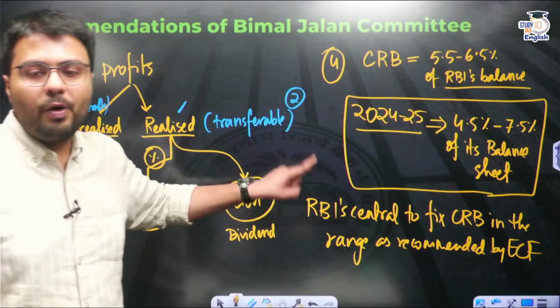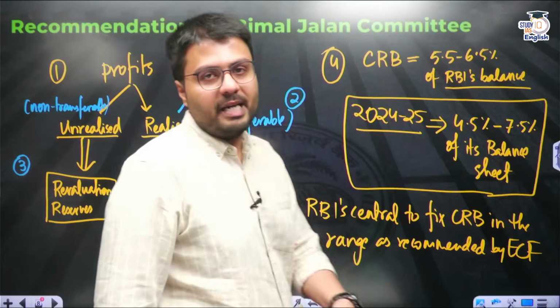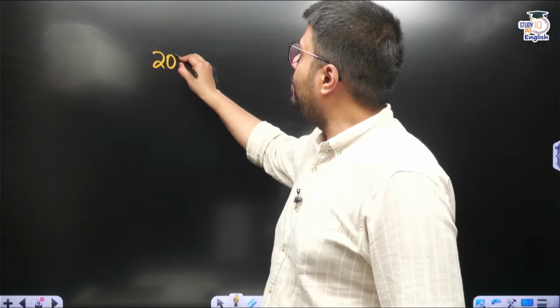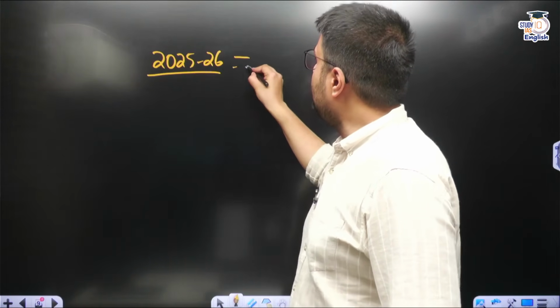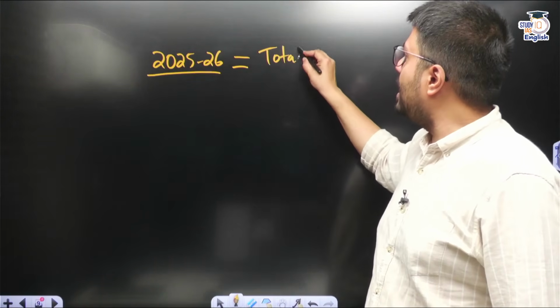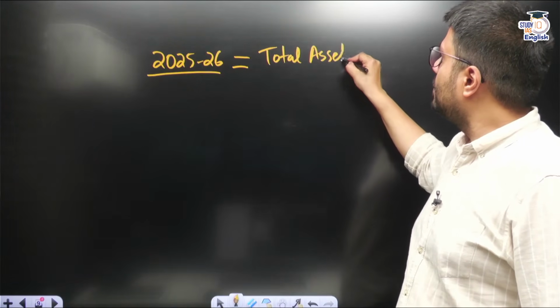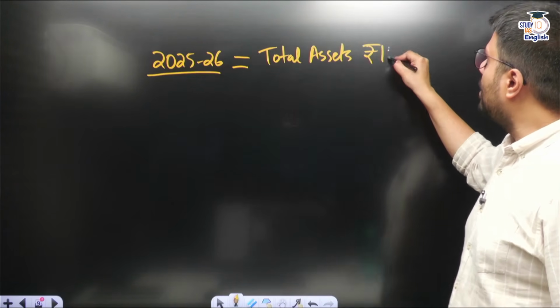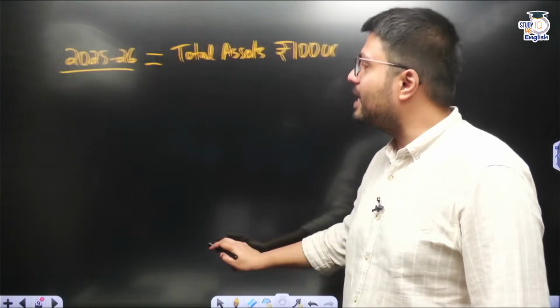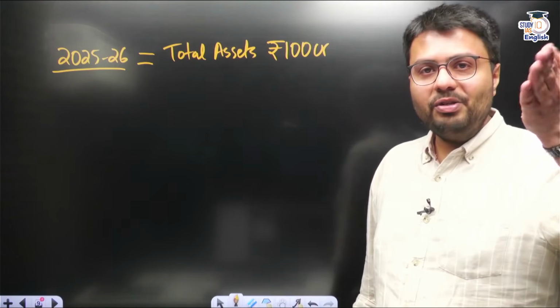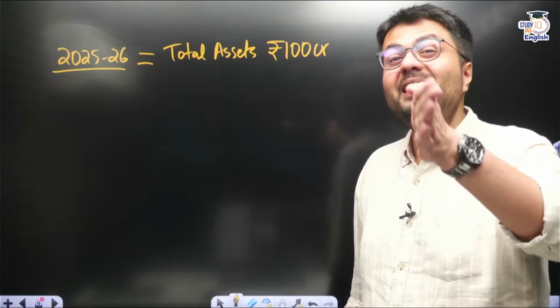So how does it work in real life? Let us now understand this. Now let us suppose in the financial year of 2025-26, which was the last financial year, the RBI's total assets were worth 100 crore rupees. Okay, this is just an example. RBI's net assets, you need to understand, is very close to 92 lakh crore rupees.